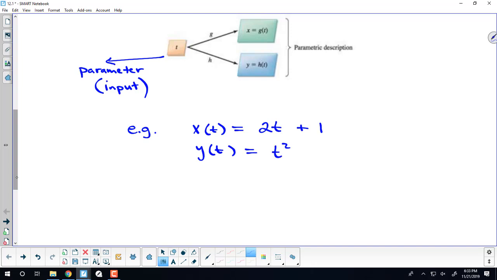And then there's a kind of a domain here. So you're given some value for t. t is in between 0 and 2, or something to that effect. So that's just an example of one specific parametric equation. We'll see many more in this section.